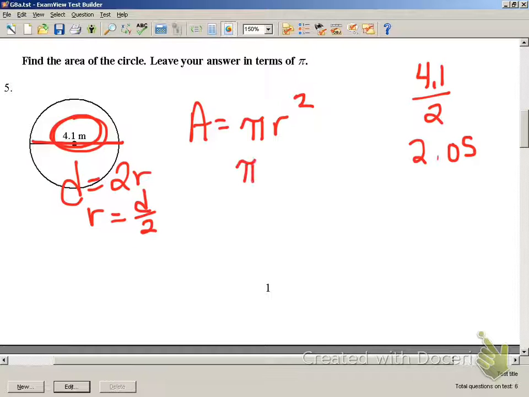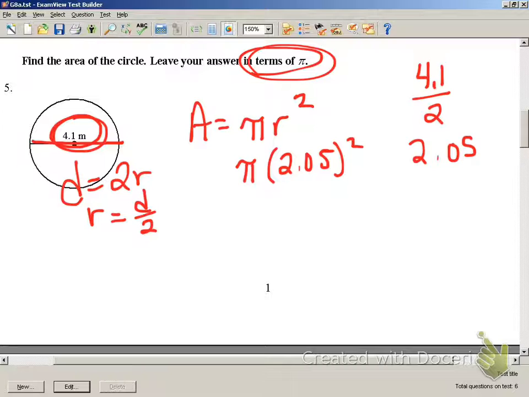So I'm going to say pi times 2.05 squared. And it says leave in terms of pi. So remember, that means to not plug in 3.14 or 22 over 7, whatever they give me for pi. I'm just going to say 2.05 squared.